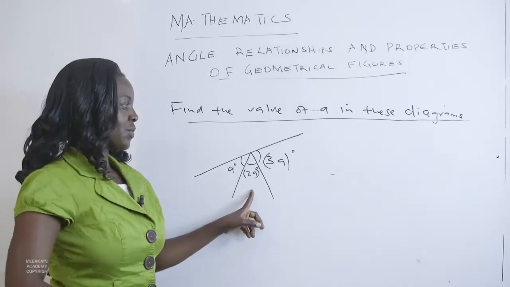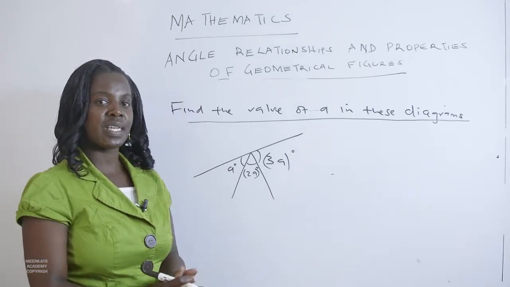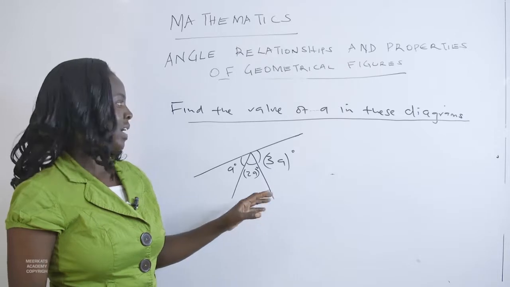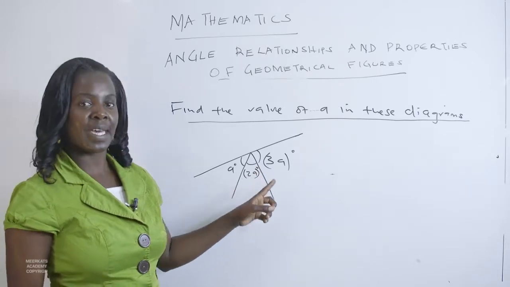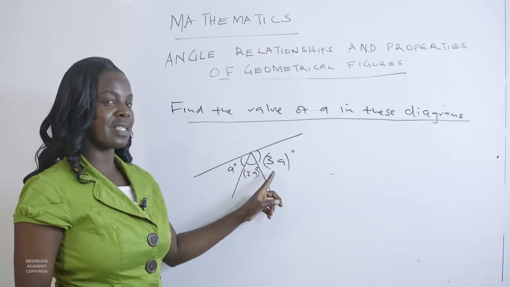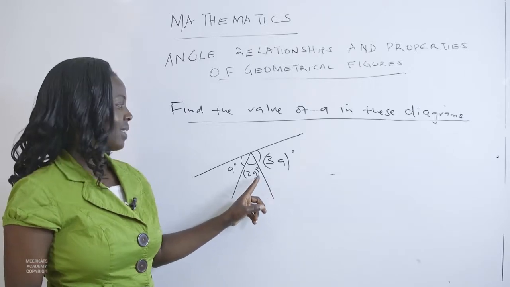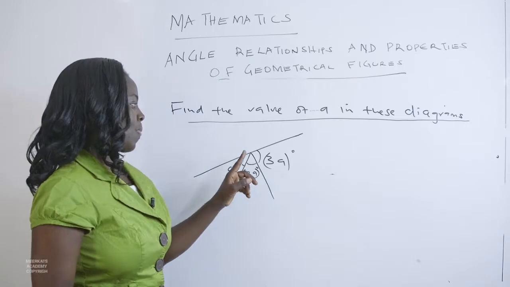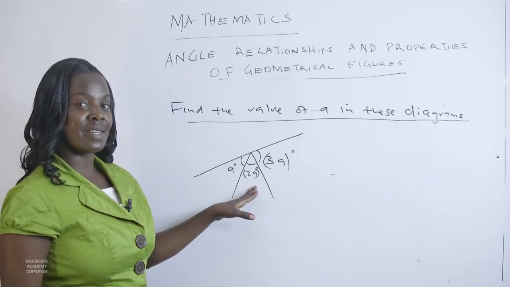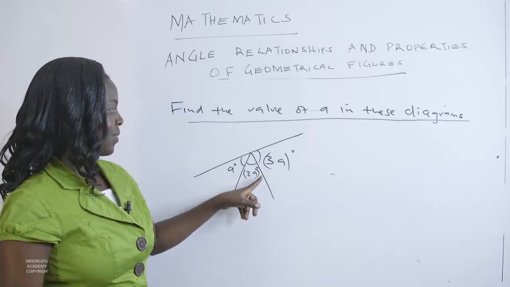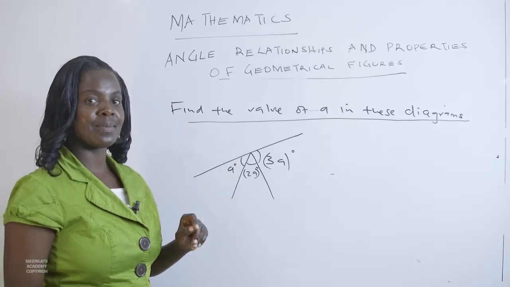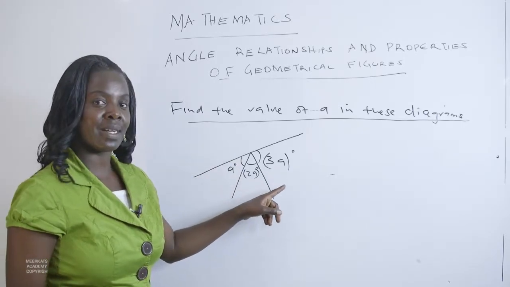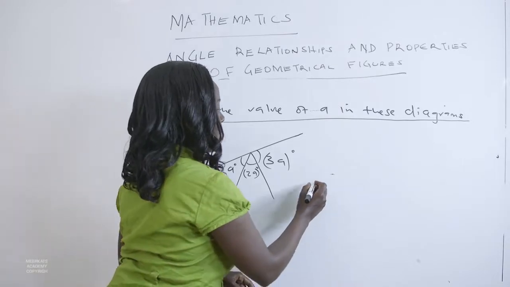Now, with the knowledge of how to write algebraic expressions and equations, we can find the value of A. That means we are supposed to write this in terms of an equation and then find the value of A. So we are told to calculate the value of A. All these angles here are on a straight line, meaning all of them add up to 180 degrees.